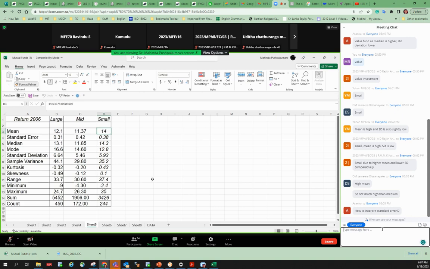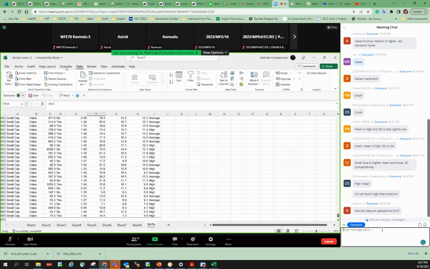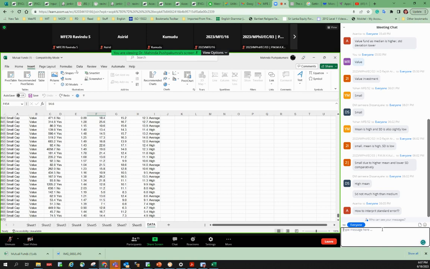Okay, so at the beginning I told you that there are two methods to calculate these figures. Then I am going to explain the second method. Then we go for data again, data analysis, insert. We go for data and click on insert. Then once you click on insert, you can see pivot table.